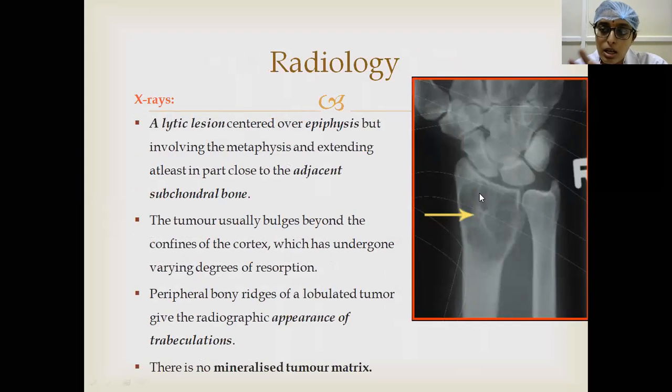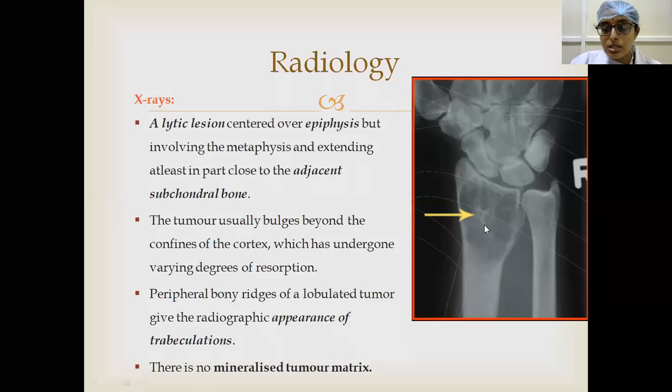And in this I am showing another important radiological feature. You can see that there are fine trabeculations in the bone. These trabeculations give a sort of soap bubble appearance. It is an eccentric lesion, but since it has grown in size, it looks as if it is central in location.